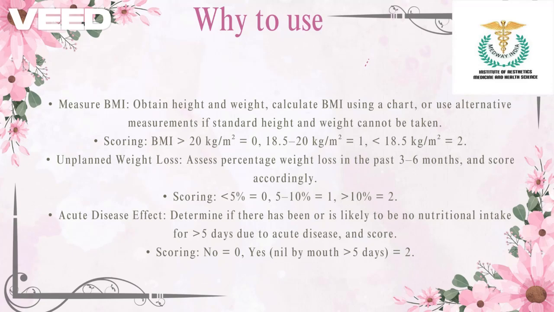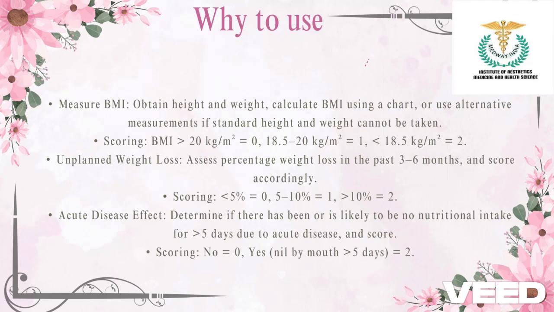For example, if they are 18.5 to 20, they are almost in the range of malnourishment. If they are very much less than 18.5, they are completely malnourished. If they are more than 20, they are okay, in the normal range. If they are 18.5 to 20, they are near, they are okay, but we still have to provide proper care and supplements.